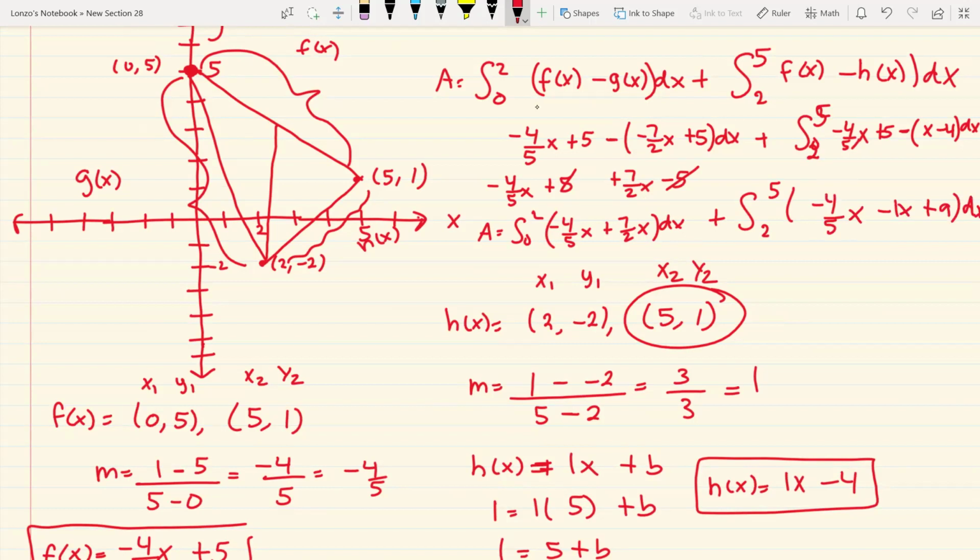Okay. So all you've got to do is take the integration of each term. If you start here, take the integration of each term and then apply the fundamental theorem. The same here, take the integration of each term and then do the fundamental theorem. And your final answer should be 27/2.